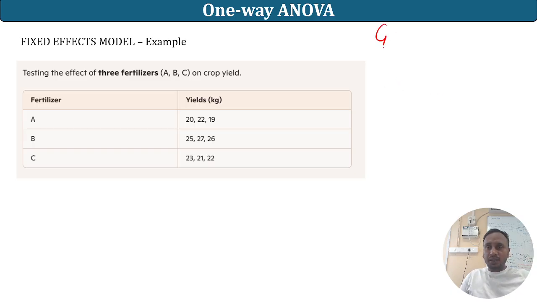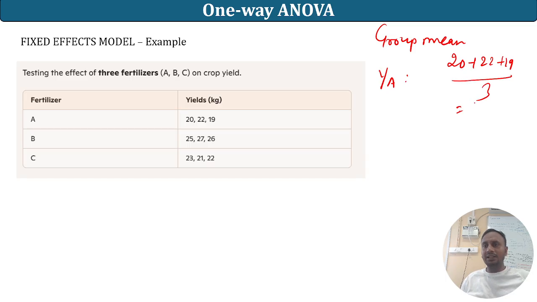So first step will be group mean. YA is going to be 20 plus 20, 19 upon 3. 20 plus 20, 42, 42 plus 19, 61. 61 by 3, so it will become 20.33. Is it?